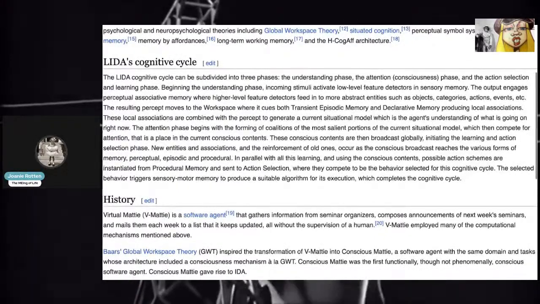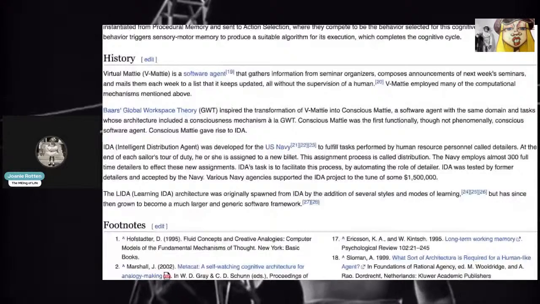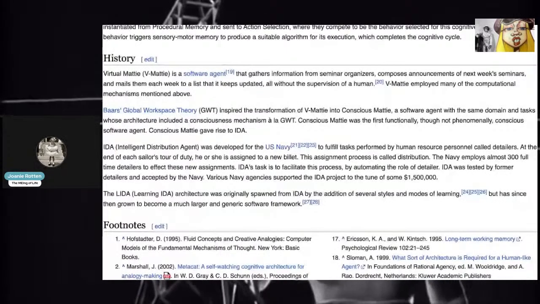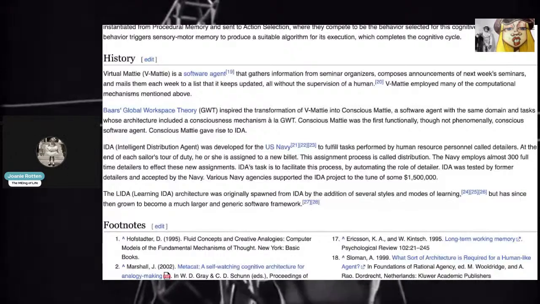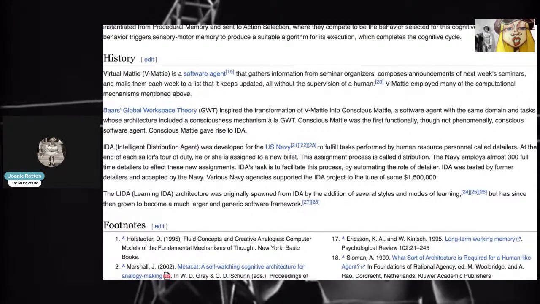So, the history. Virtual Maddie, or vMaddie, is a software agent that gathers information from seminar organizers, composes announcements of next week's seminars, and mails them out each week to a list that keeps updating, all without the supervision of a human. vMaddie employed many of the computational mechanisms mentioned above.